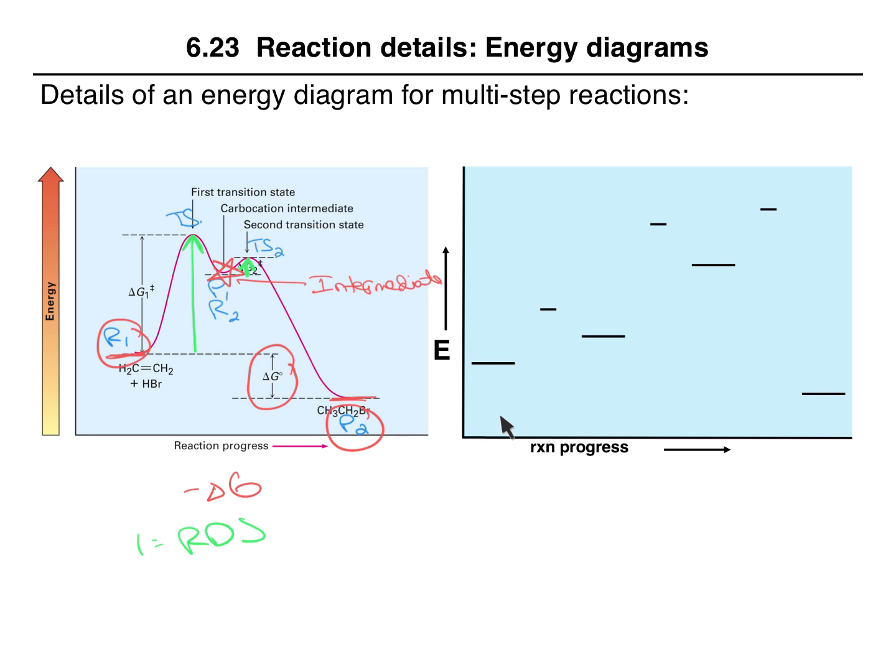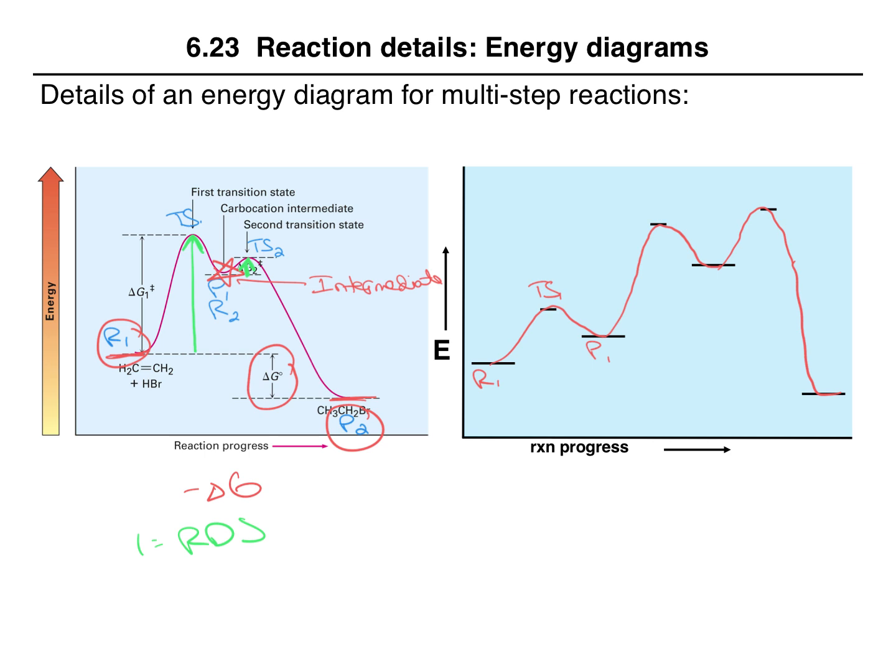Now over here we have a completely different reaction, and this one happens in 3 steps. So this is our reactant of step 1, and this is our transition state of step 1 and our product of step 1. So we're going through the transition state to the product. And then this goes through the second transition state to the product of the second step, through the third transition state to the product of the third step.